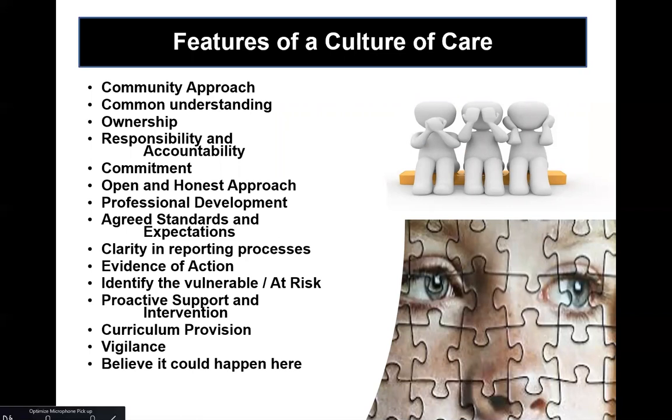So when we look to try and unpick some of the features of a culture of care, we can ask ourselves, what would we expect to see, to hear, and to feel in a school that has an embedded culture of care, supporting child protection and safeguarding?